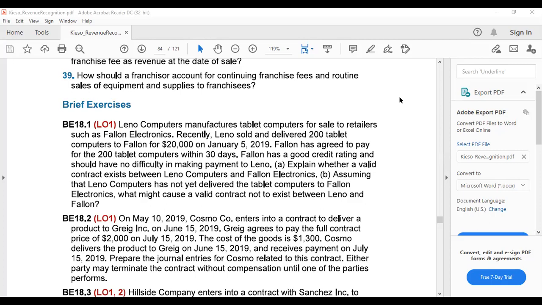So we answer first A. Explain. So for instance, number 1, the contract has a commercial substance because Fallon Electronics agreed to pay cash for the computers, right? Correct? Yes, sir. Okay. So what about step 2?